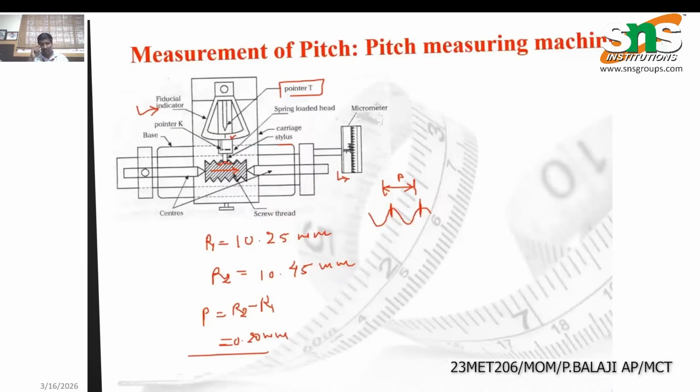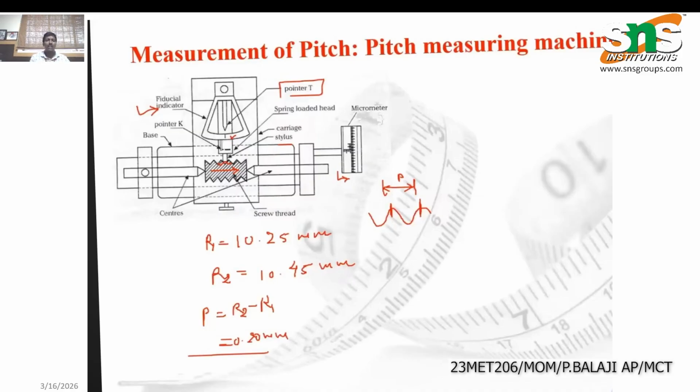By viewing the micrometer reading we can measure every pitch. The pitch is the basic distance; the definition of pitch is the distance between two adjacent threads. We fix the pitch measuring tool between two crests and measure the distance by viewing the micrometer reading.